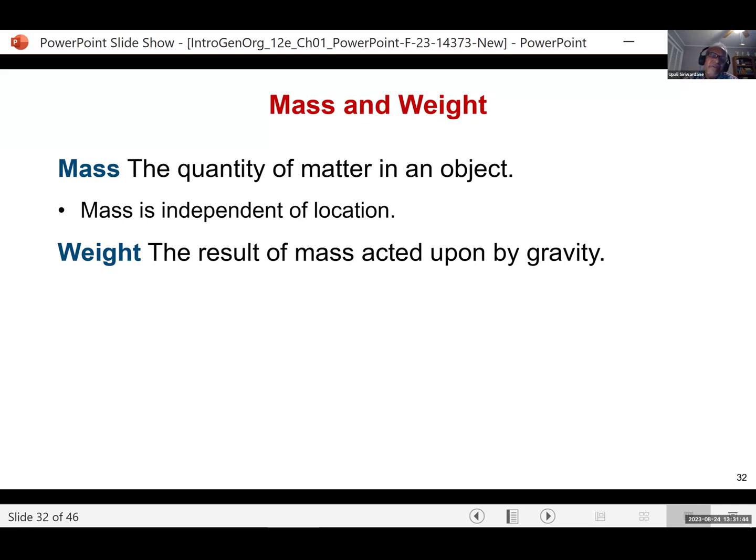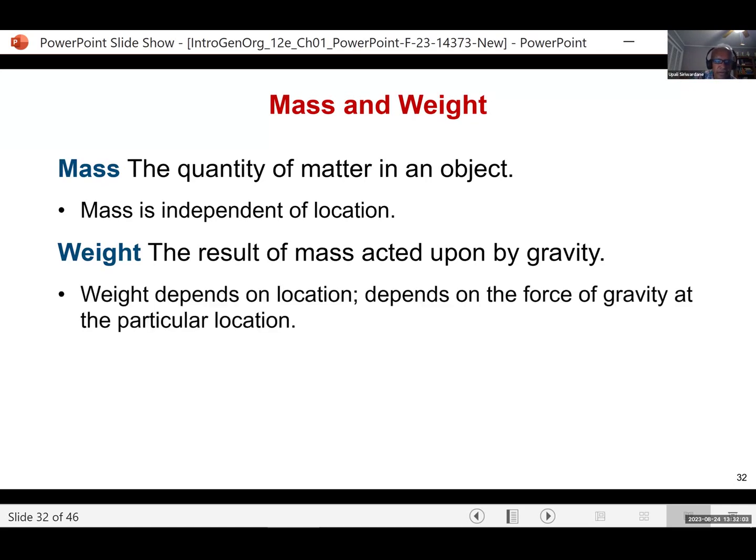Weight is based on spring balances, anything that uses spring or gravity to measure the mass. So it's called weight. Therefore, mass is the one we use in sciences. Weight depends on the force of gravity at the particular location.